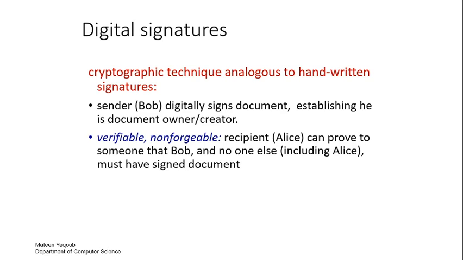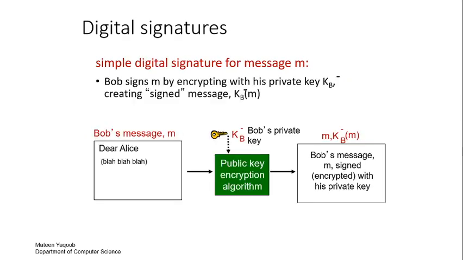It is similar to what we usually do in our daily life by signing a document. The signing of a document shows that the owner has signed or created that document. It is a unique identifier.